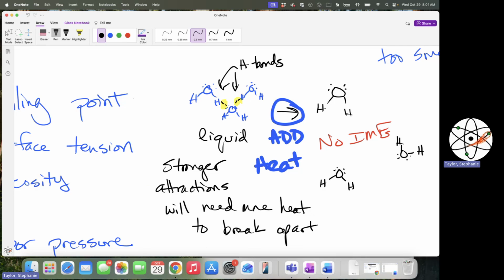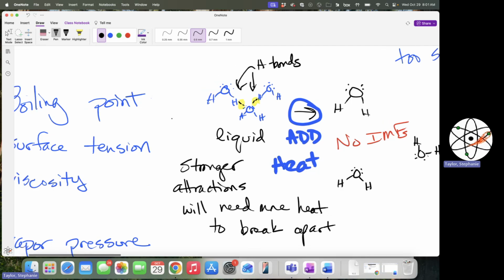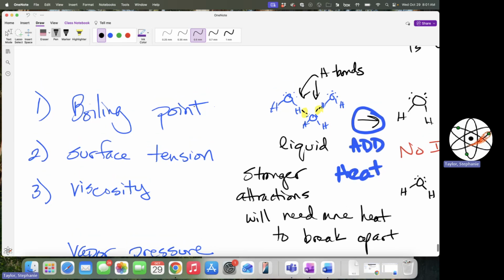This also means that as intermolecular forces increase, we have a higher boiling point. The stronger the attractions, those are the intermolecular forces, the more energy is required to break them apart, which gives you a higher boiling point. We are going to say this same thing with surface tension.